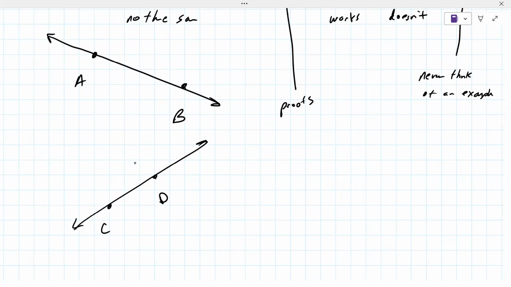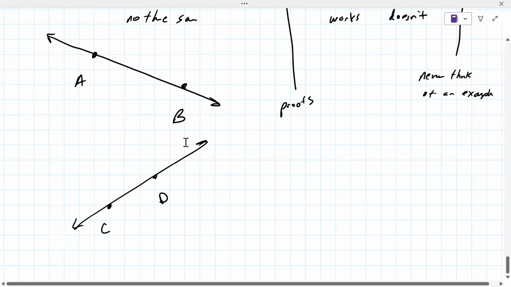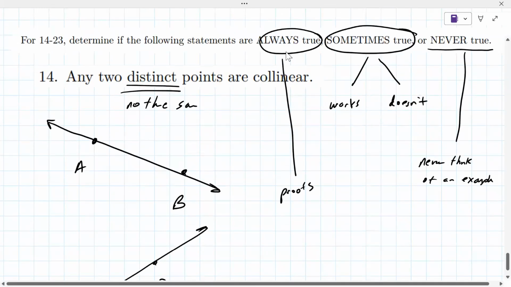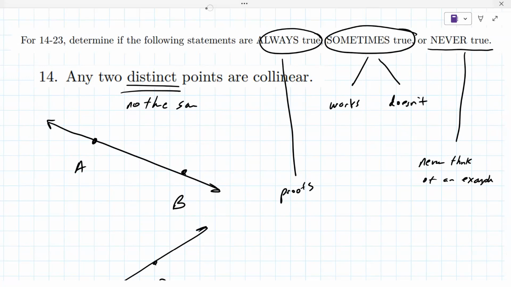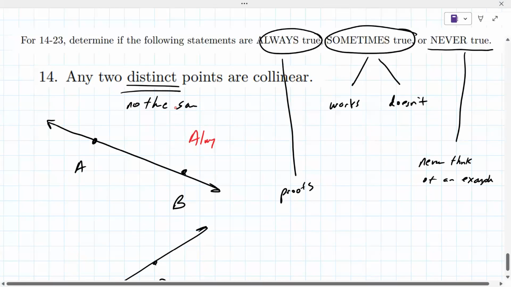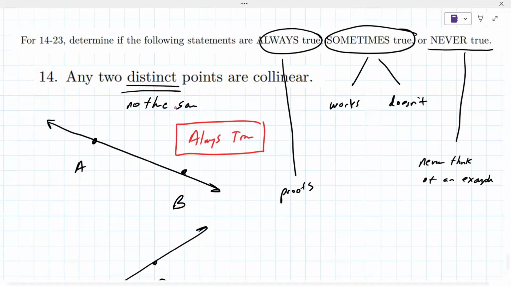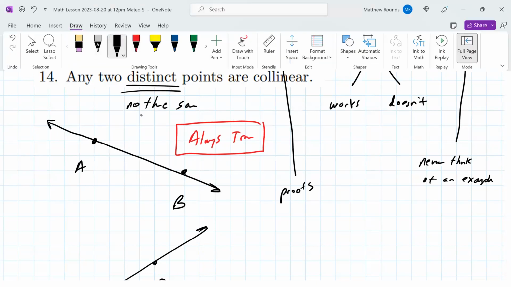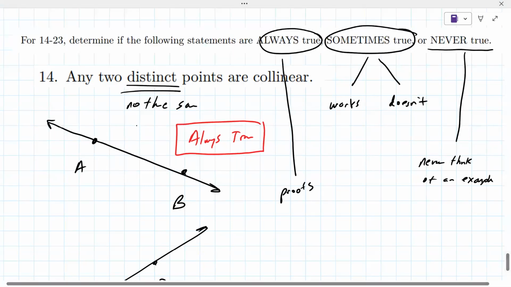Something would have to land on the line for it not to be. Right, because any point can go. So this one is always true, and this is a definition. The ones that are always true are typically definitions. You will be given those. Now, all it takes is changing one word and then it doesn't work.